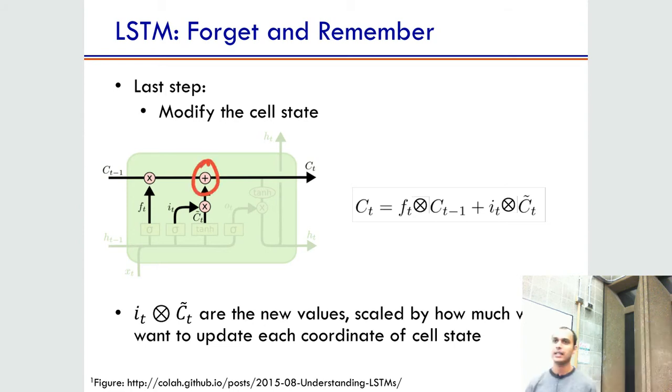This is the element-wise addition operation. I did some forgetting operation before, and now I computed i t and C tilde t, multiplied them together, and whatever the intermediate quantity was, I'm adding it to the cell state. So this is processed new information that I'm giving to the cell state. I first forgot something, and then I added some new information, which is processed because of this input gate modulation.